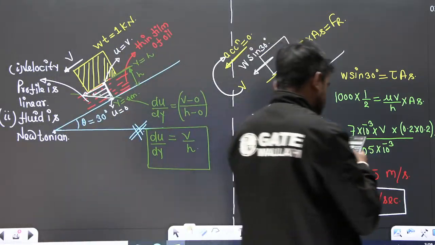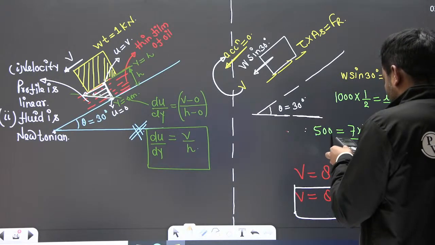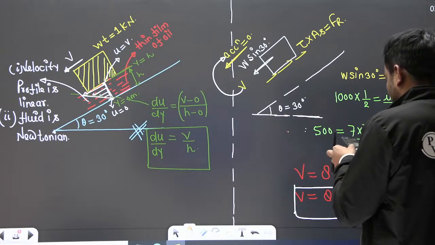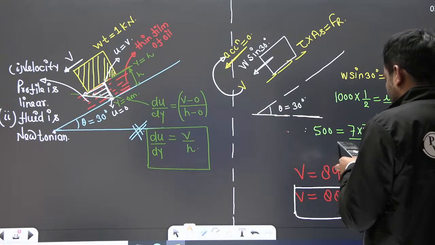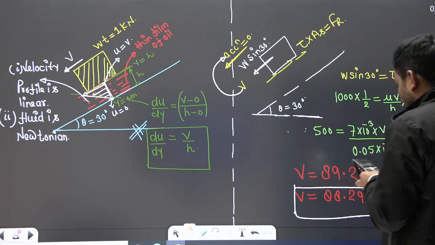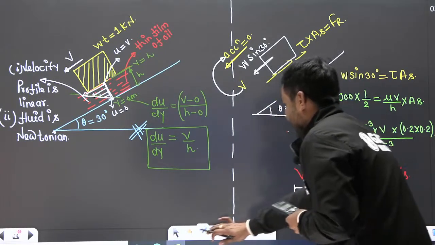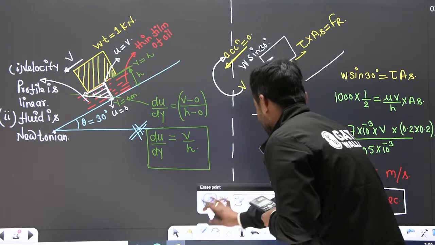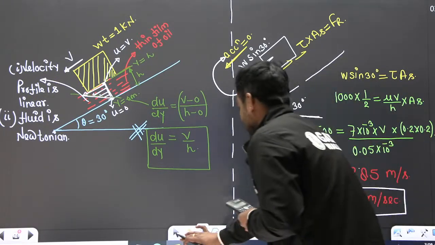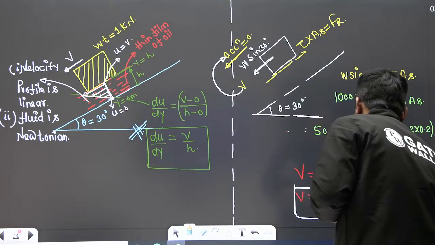So let me just cross check the answer. 0.05 into 10 raised to the power minus 3 and divided by 7 into 10 raised to the power minus 3 divided by 0.04. Okay, I have made a mistake. That is 89.